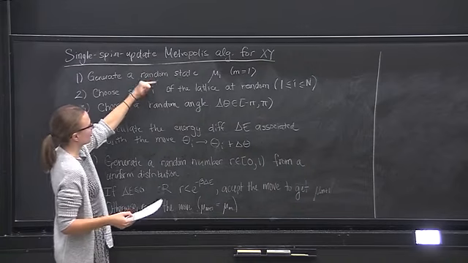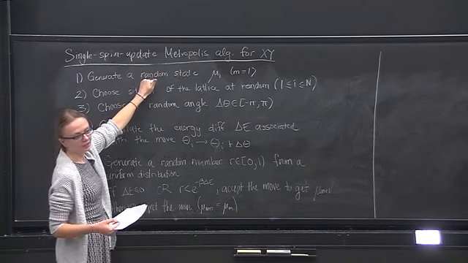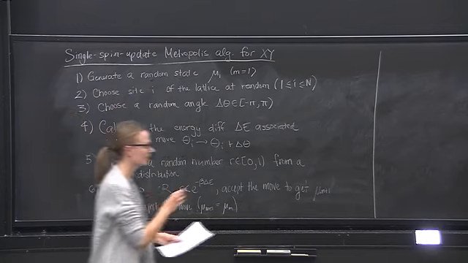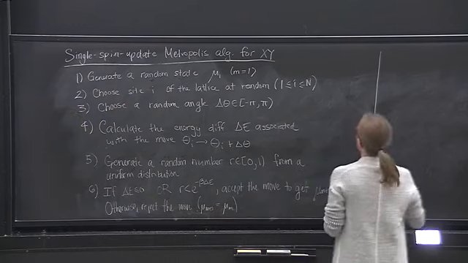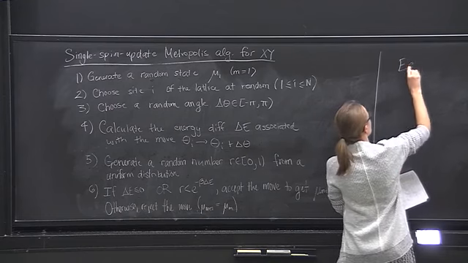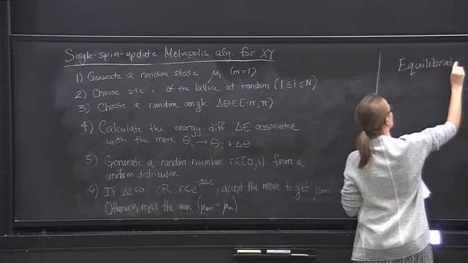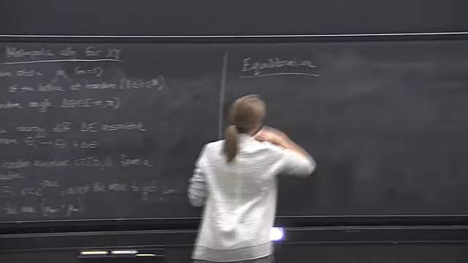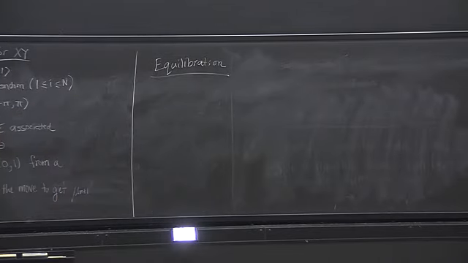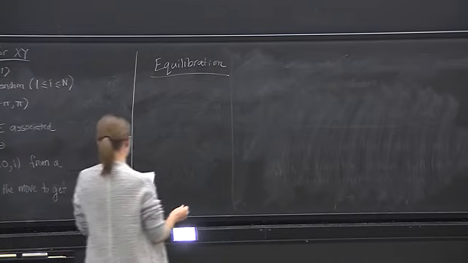We're not really going to be getting very good samples at the beginning. So this is where I wanted to talk about a couple of technical details. The first is called equilibration, and basically what this means is that we actually just usually throw out a bunch of our initial samples because they're not really from the distribution we want.